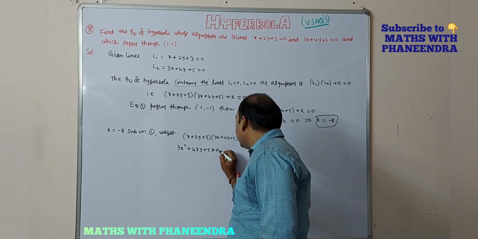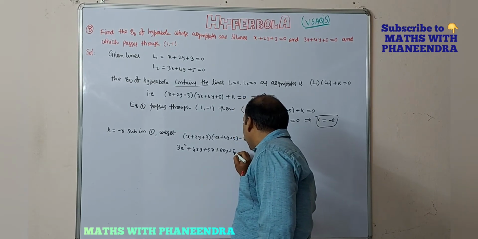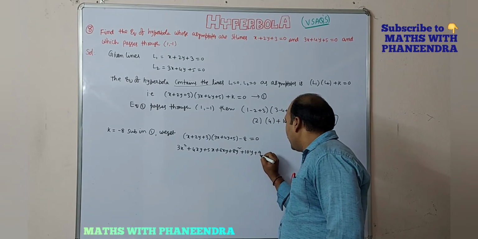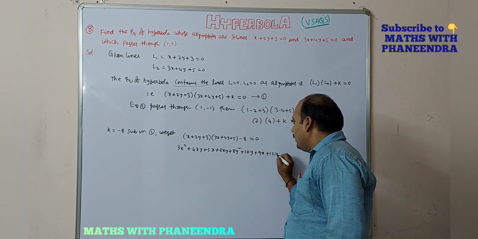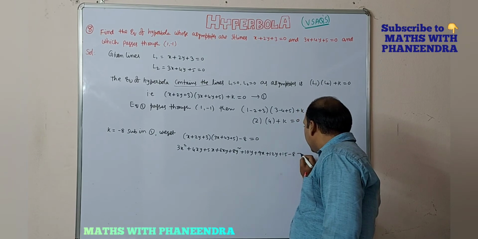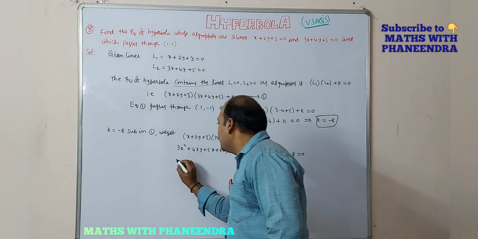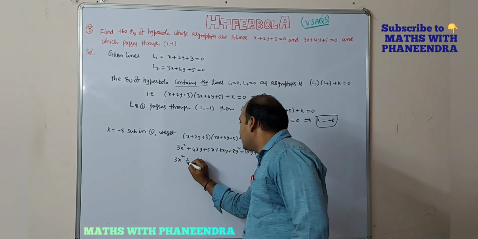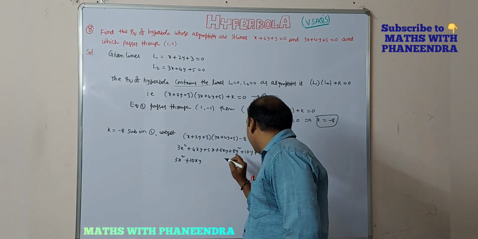Next 2y into 3x, 6xy, plus 8y square. Next plus 10y plus 9x plus 12y plus 15 minus 8 equal to 0. Write in order: 3x square plus 4xy plus 6xy, that is 10xy. Next y square, 8y square.